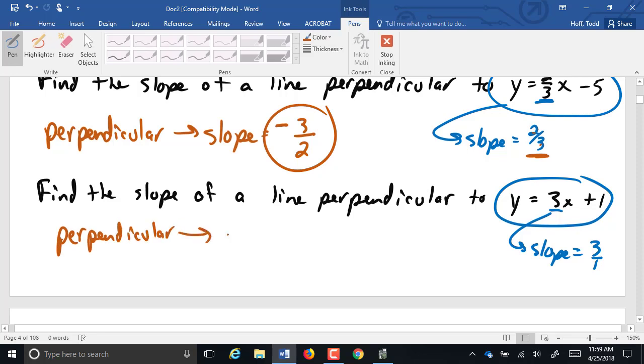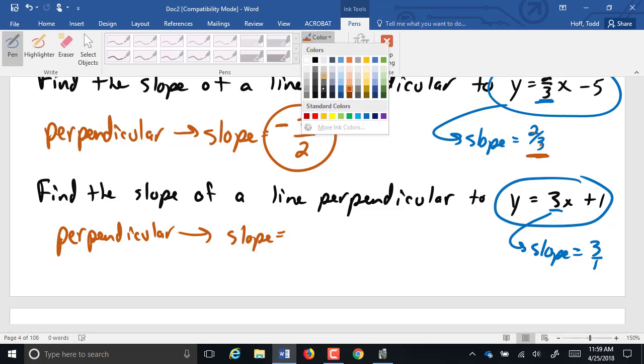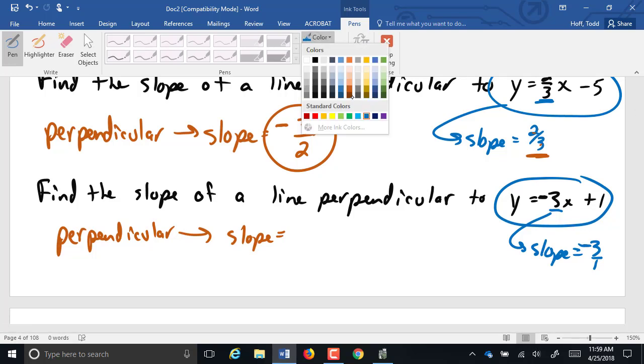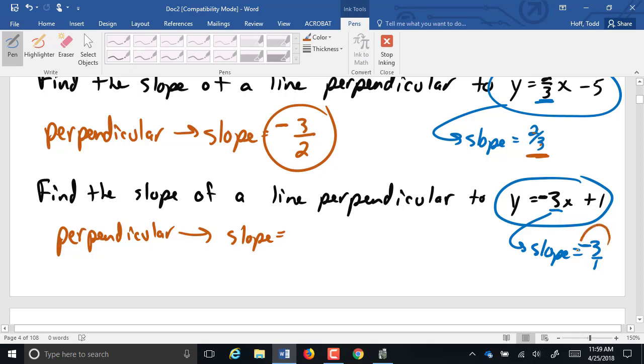For that perpendicular line, the slope is going to be, oops, I screwed up here. It should have been negative 3x plus 1 is what I wanted there. So that slope is actually a negative 3. So for the perpendicular, this slope was negative, so my perpendicular is going to have a positive slope. This is 3/1, so the reciprocal is 1/3. So the slope of that perpendicular is a positive 1/3.